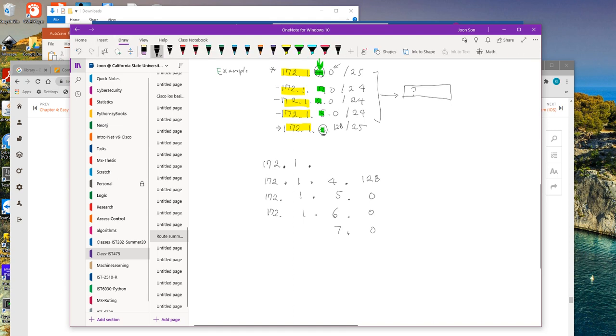It's 0, 0, 0, 0, 0, 1, 0, 0, eight bits, and that's a 4, and then 0, which is all zeros, 0, 0, 0, 0, 0, 0, 0, 0.